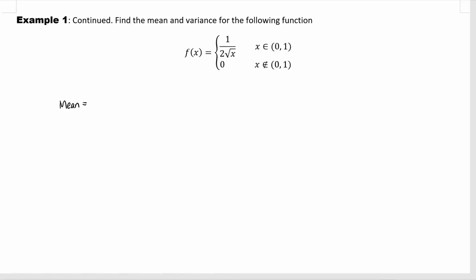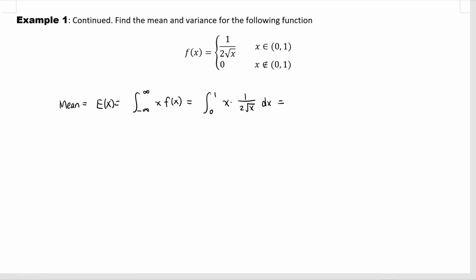The mean is the integral from minus infinity to infinity of x times f of x. But if x is not within 0 to 1, f of x will be 0. So this is the same as the integral from 0 to 1, and x times f of x here is 1 over 2 square root of x dx.